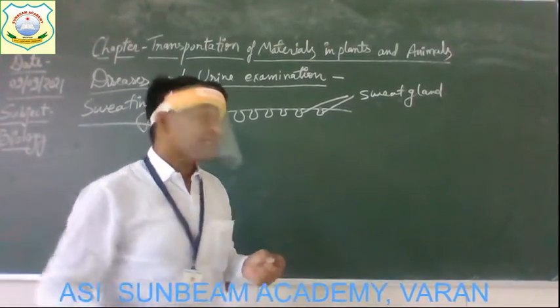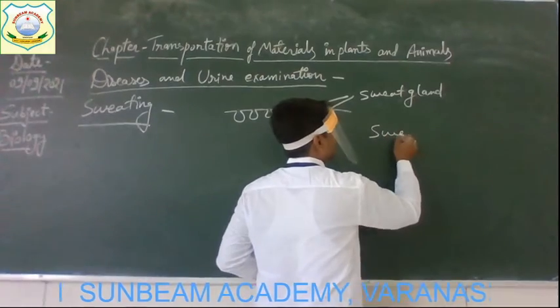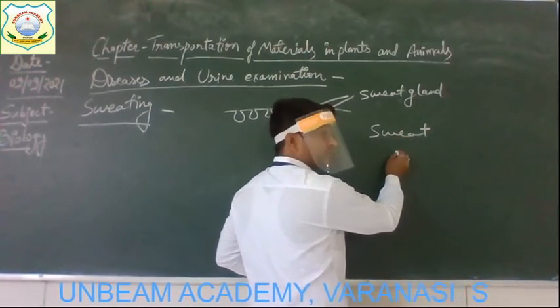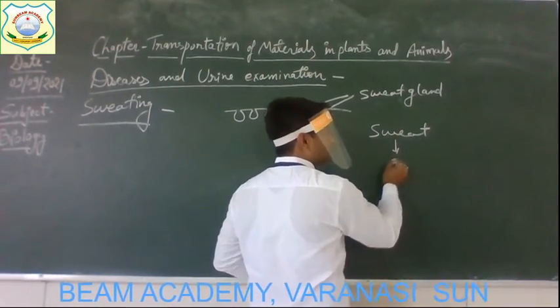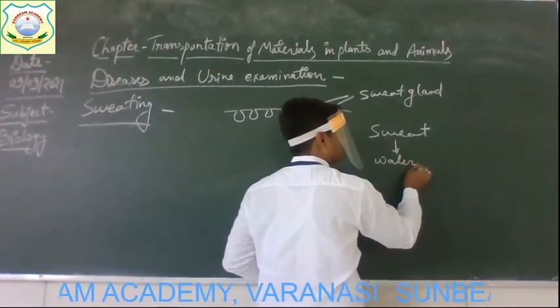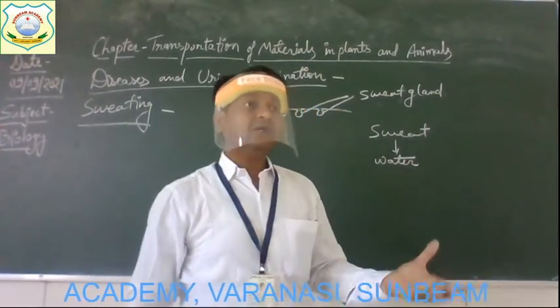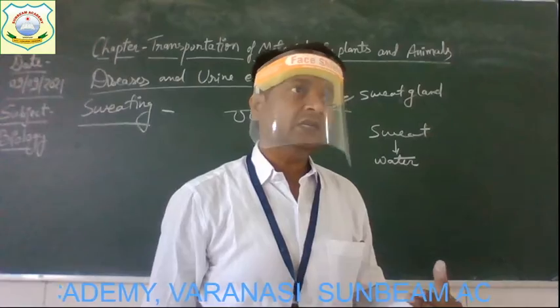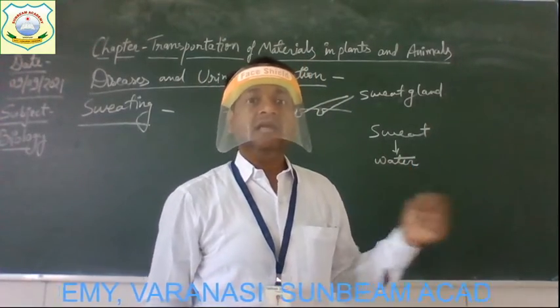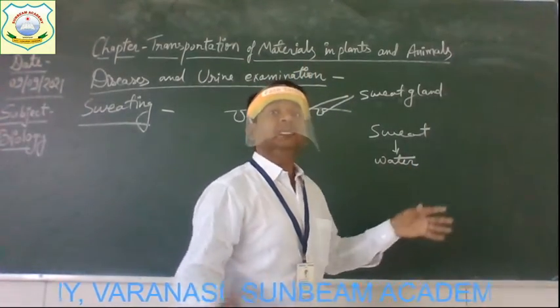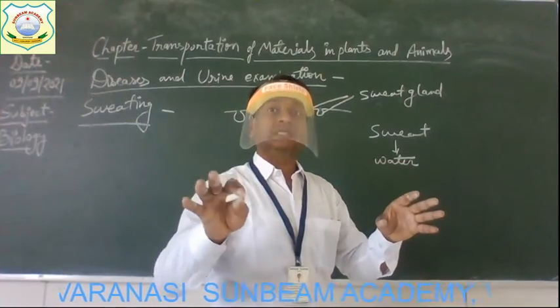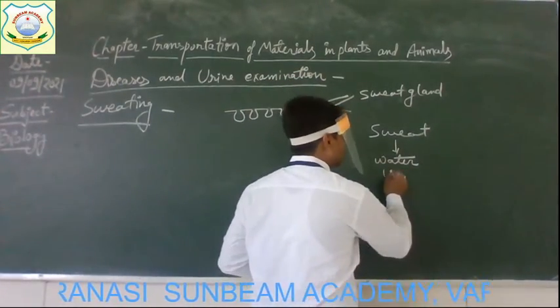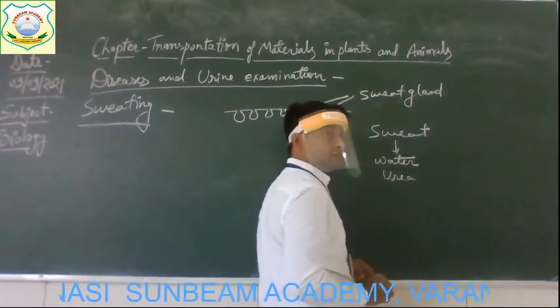And what is present in the sweat? Excess water, the excess amount of water which is present in the body, is present in the sweat. Along with the water, some dissolved substances are also present, like urea, salts.